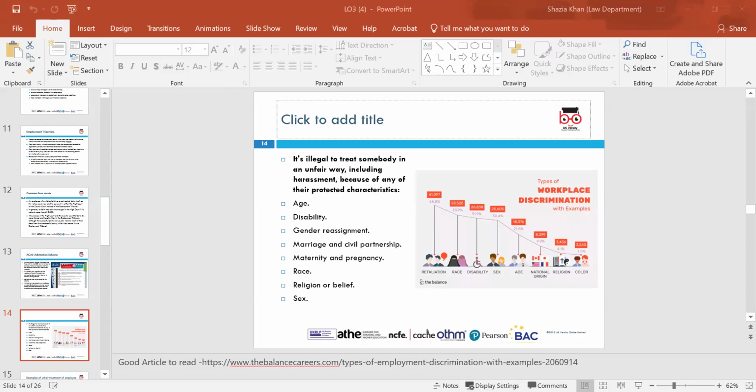Unfair treatment: while all forms of unfair treatment are bad at work, you should address them. The ones that break the law are especially sensitive, as we've just mentioned. Bullying is behaviour from a person or group that is unwanted and makes the employee feel uncomfortable. And there are the protected characteristics under the Equality Act, as I've just mentioned.